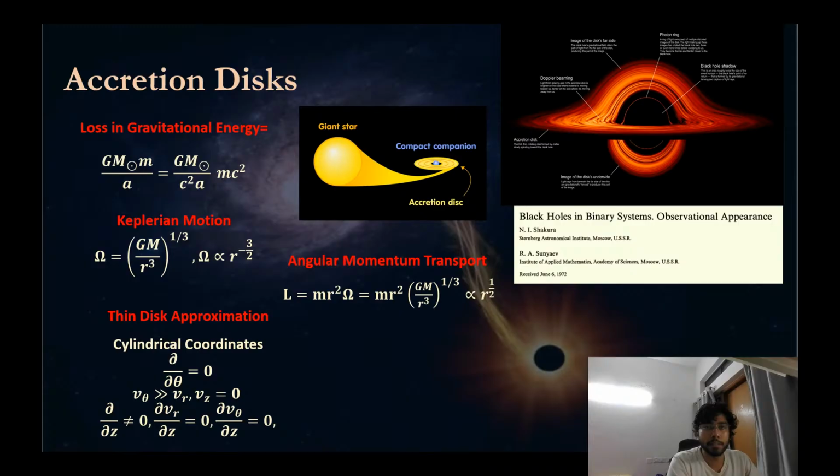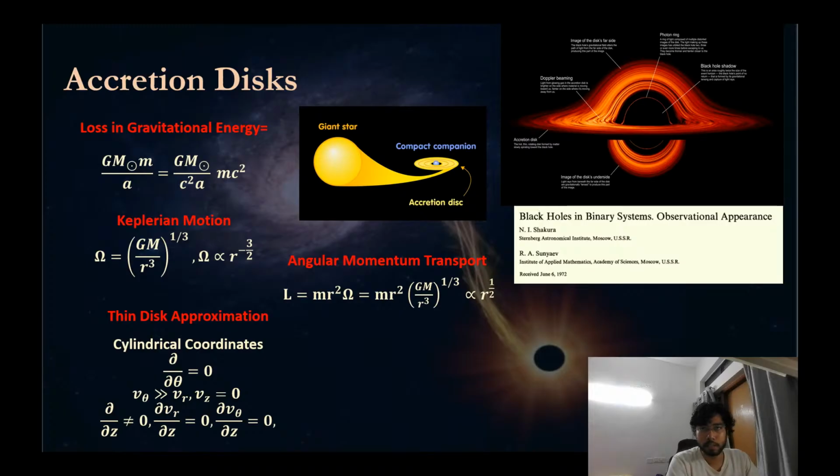As the star is broken up and eaten by the black hole or the compact object, the gravitational energy of the system is lost. And this loss in gravitational energy is what gives rise to the emission from black holes which we see, right? For example, this Event Horizon Telescope image, which has imaged Sagittarius A star and M87, which are supermassive black holes.